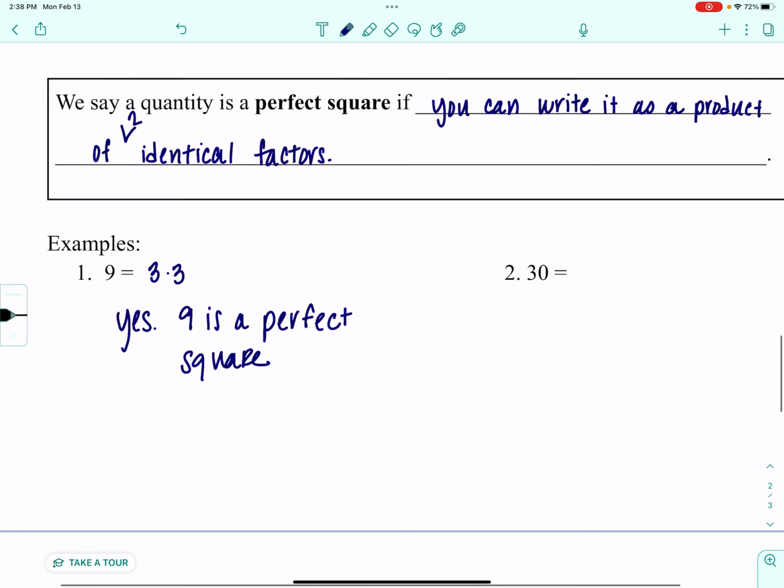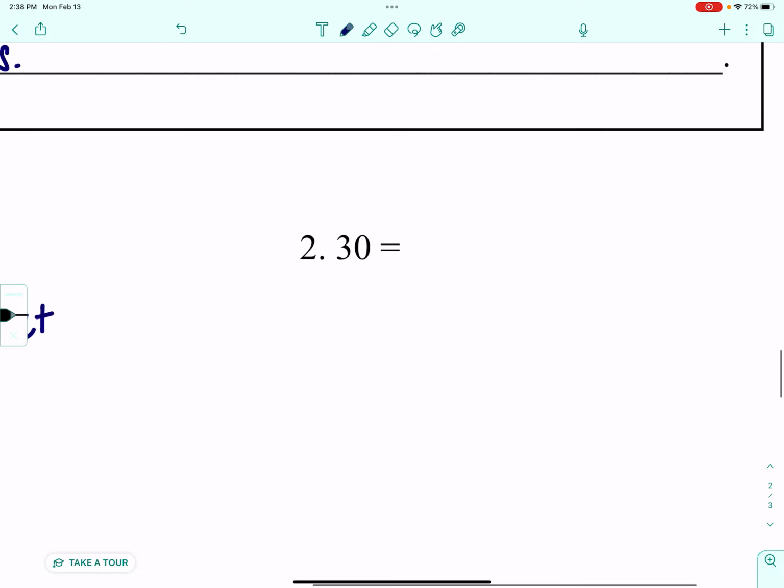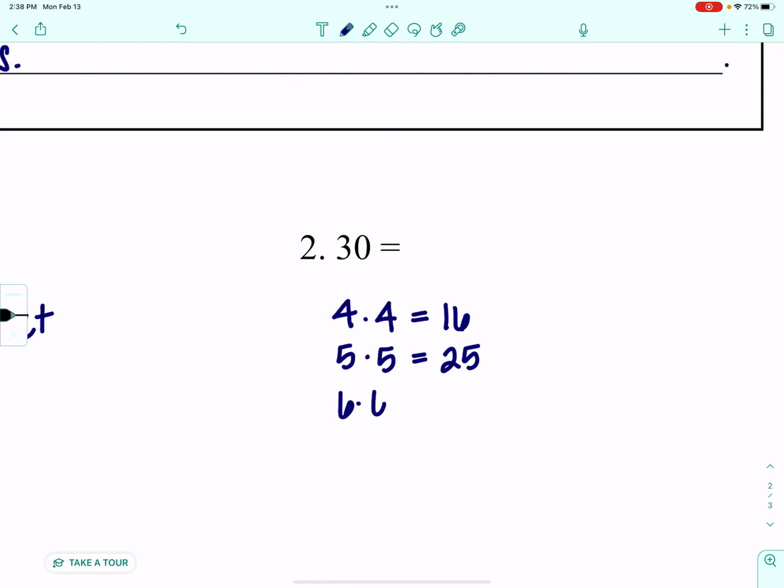As soon as I go over to 30, well, I know that 4 times 4 is 16, 5 times 5 is 25, and 6 times 6 is 36. 30 is going to fit somewhere in there.